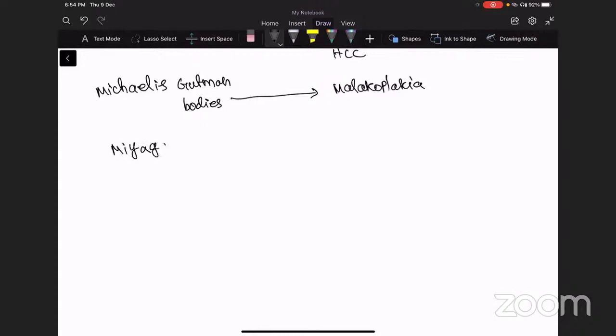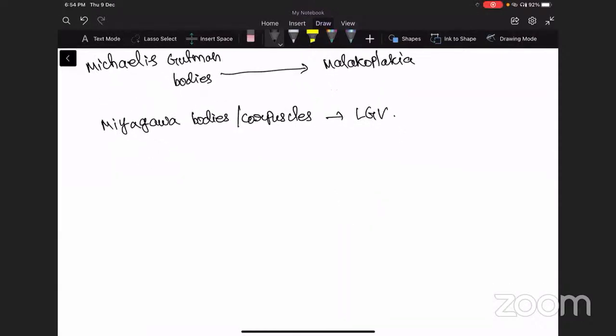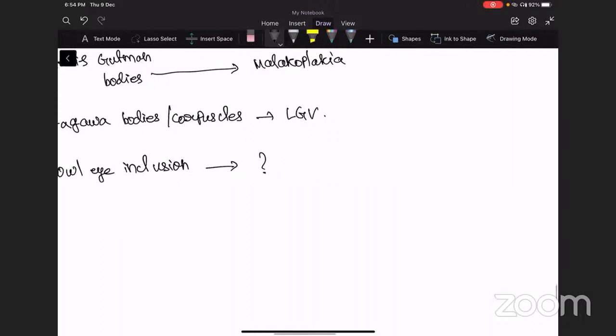Miyagawa bodies or corpuscles seen with LGV, lymphogranuloma venereum. Owl's eye inclusions are seen in which disease?